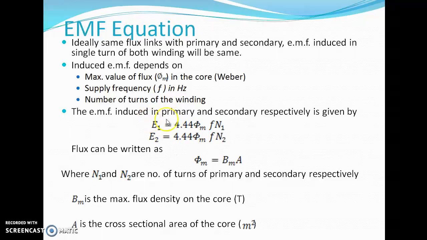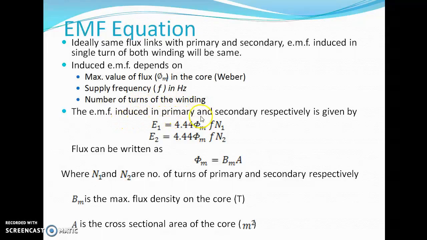The EMF induced in a winding depends upon the maximum value of flux phi m or flux density Bm in the core, the supply frequency F in hertz, and the number of turns of the winding.